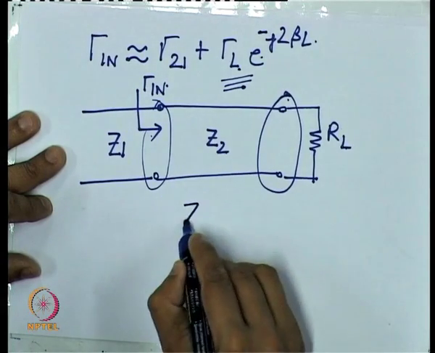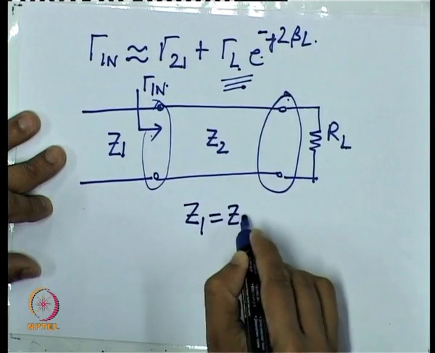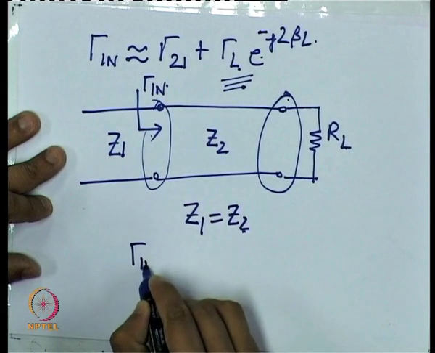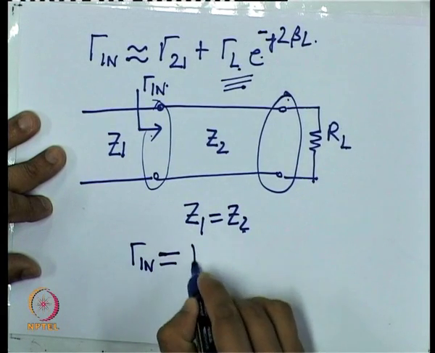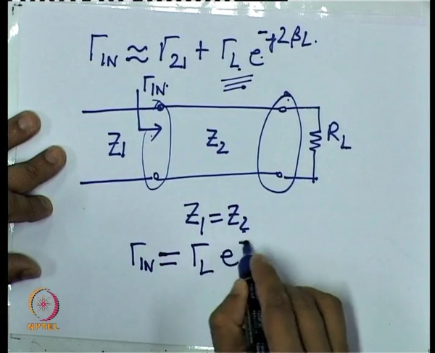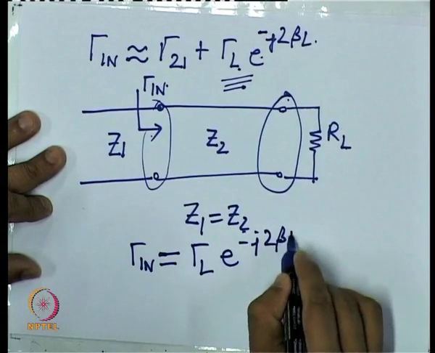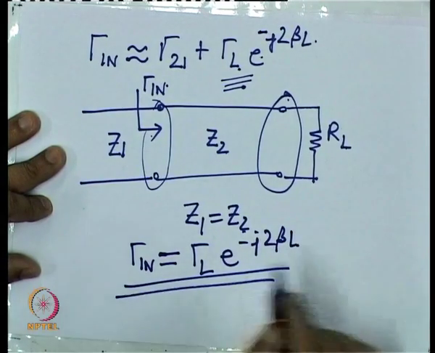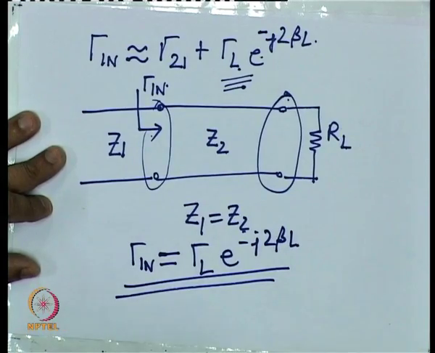Note that if Z1 is equal to Z2, then gamma in is equal to gamma L e to the power minus j 2 beta L, which is the expression we know very well.